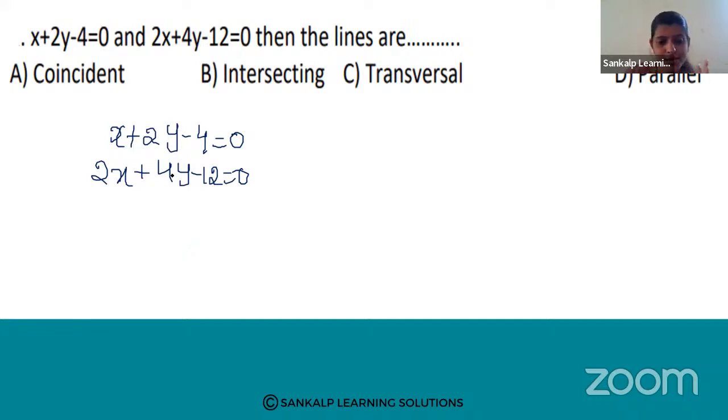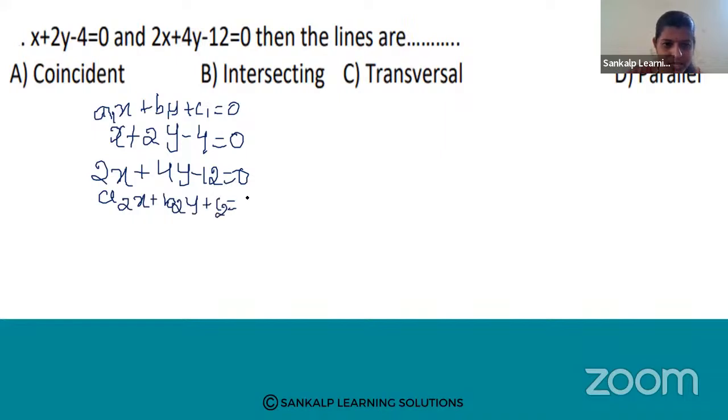First we need to compare the ratios. This is a1x plus b1y plus c1 equal to 0, and this equation is in the form a2x plus b2y plus c2 equal to 0.